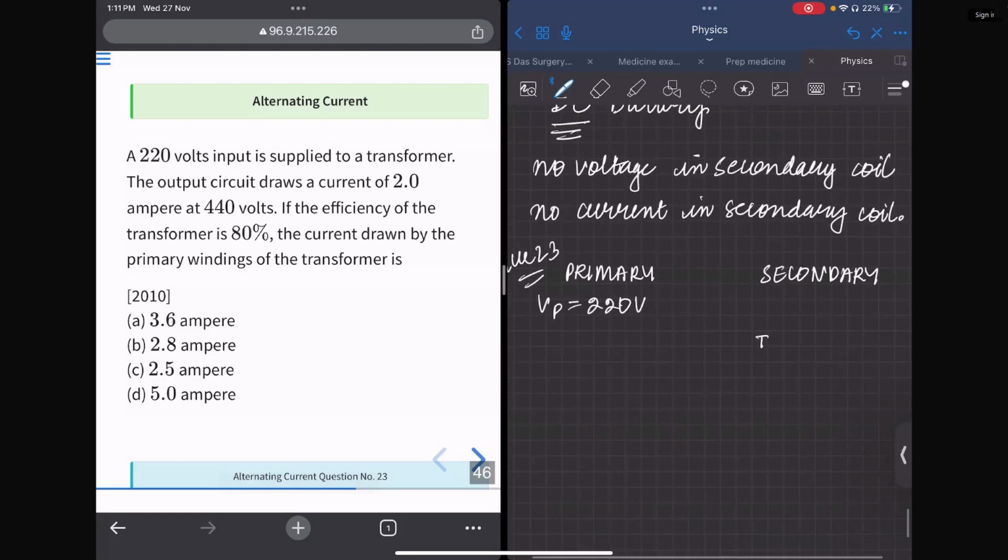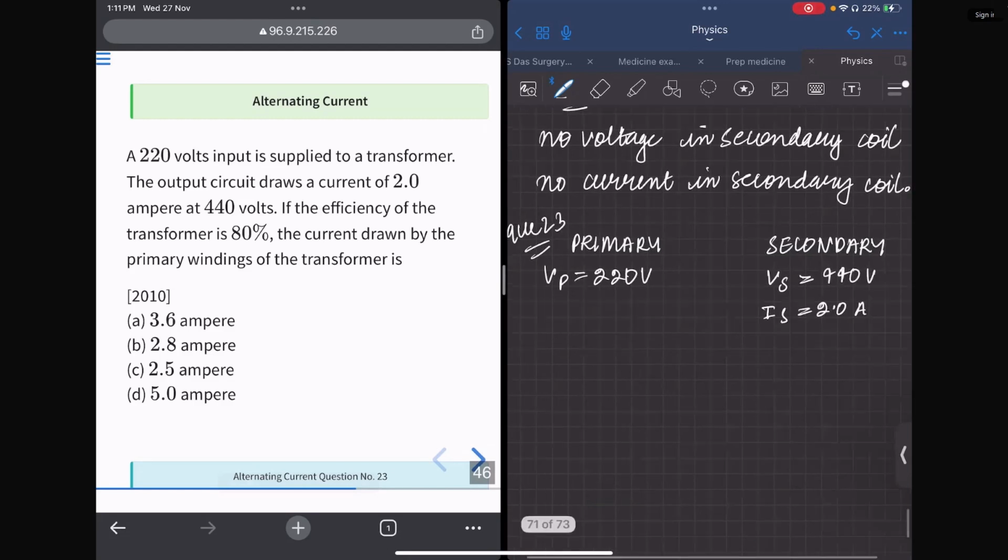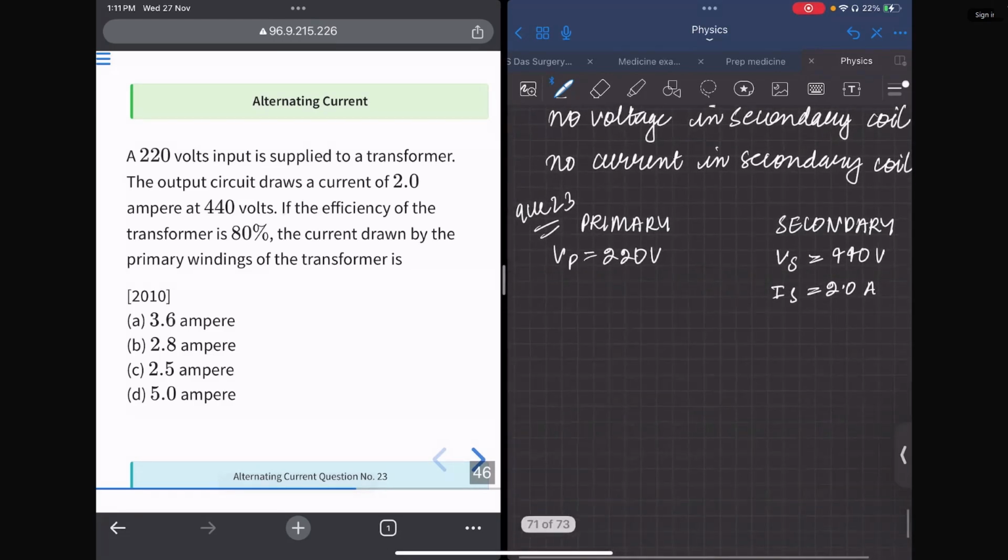So IS is 2 ampere and VS is 440 volt. And they've given the efficiency. We have efficiency is given as 80%. So efficiency for this particular circuit is 80%. And they have given that the current, we have to calculate the current drawn by the primary windings of the transformer. So we have to calculate IP, which we'll take it as I.